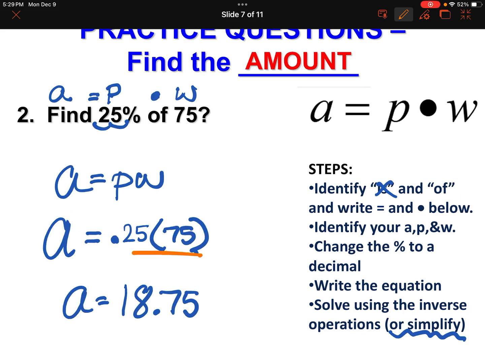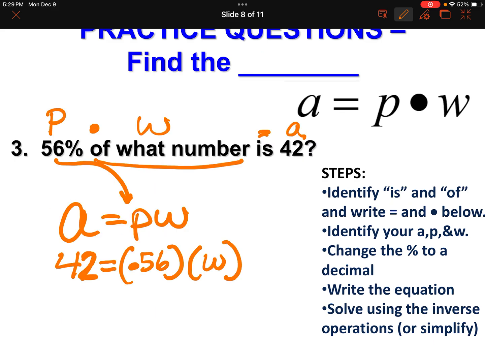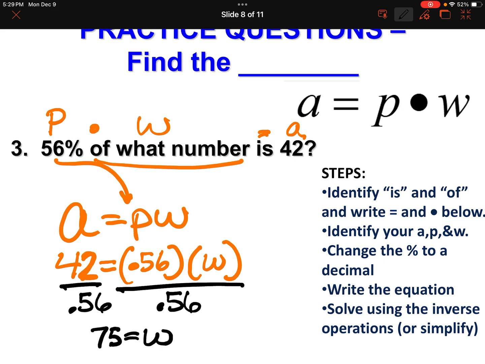I hope you can see the difference between this equation where the variable was already by itself and this equation where the variable is not by itself, so I have to do inverse operations, dividing both sides by 0.56. 42 divided by 0.56 is W equals 75. If you're finding W, that means you are finding the whole.